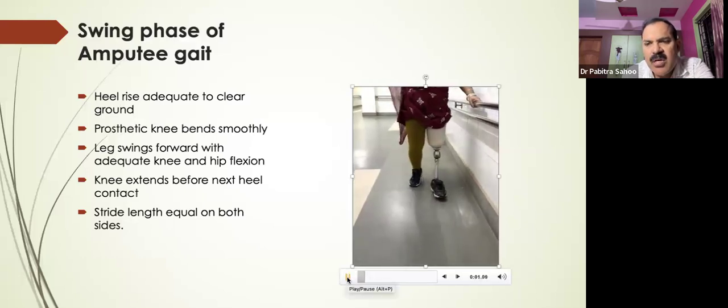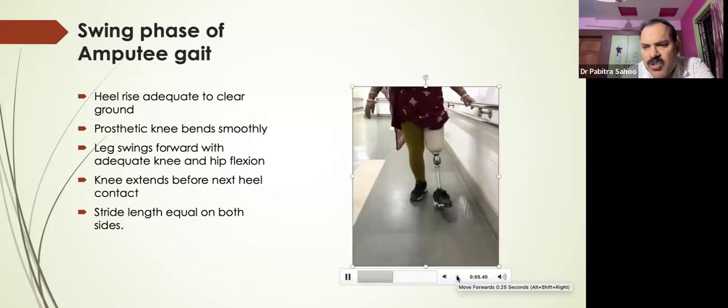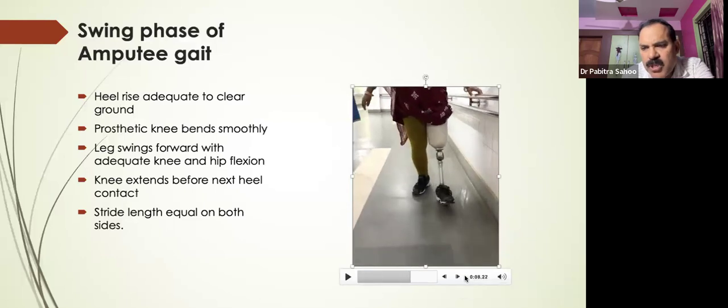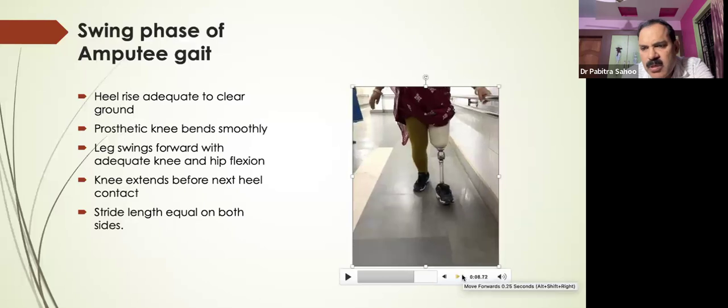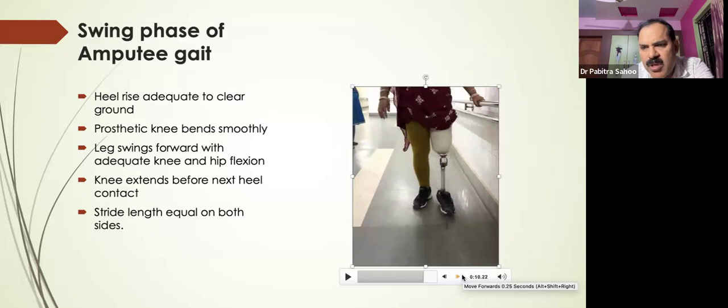For these things, you take a video and go for a small slow video. You can gradually see how the foot is moving, whether there is knee flexion during swing phase or not, whether he has a normal heel strike.